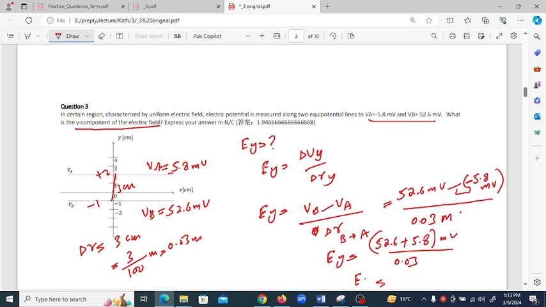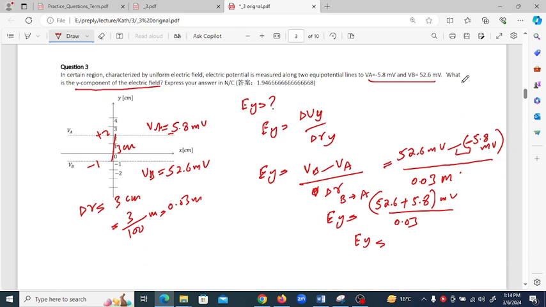When we convert milli into 10 power minus 3 volt and solve, the final answer is 1.94 Newton per coulomb. This is the Y component of the electric field intensity.